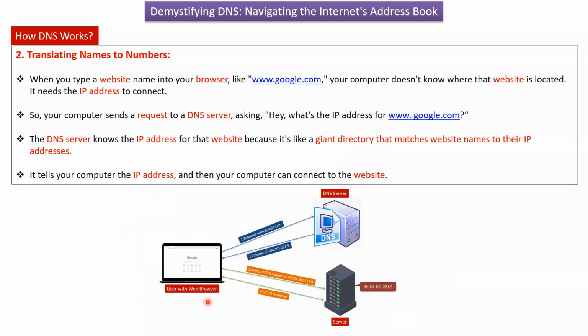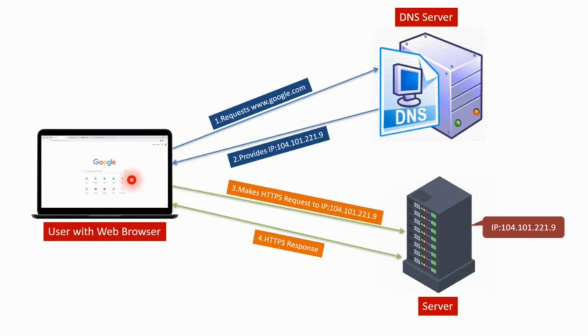The second point is translating names to numbers. When you type a website name into your browser, like www.google.com, your computer does not know where the website is located. Your computer needs the IP address to connect. So your computer sends a request to the DNS server asking what is the IP address of www.google.com.